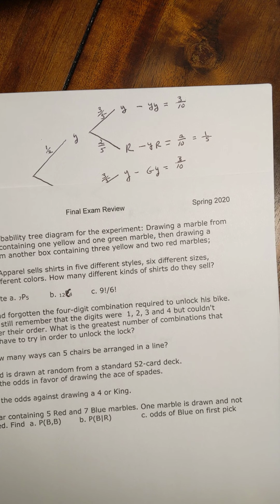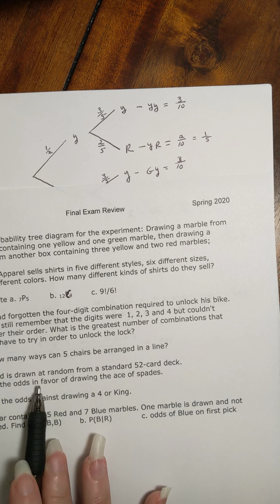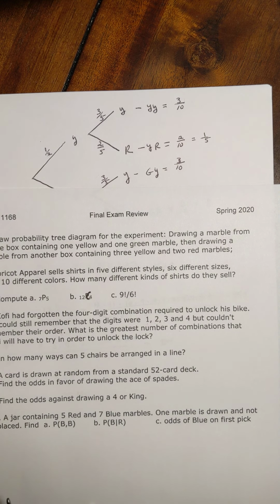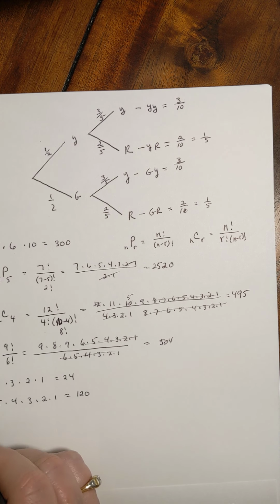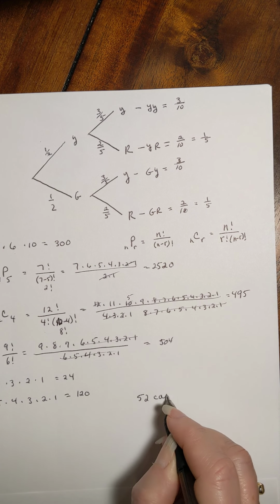All right, so problem number 9 says, a card is drawn at random from a standard 52 card deck. Find the odds in favor of drawing an ace of spades. All right, so there are 52 cards.